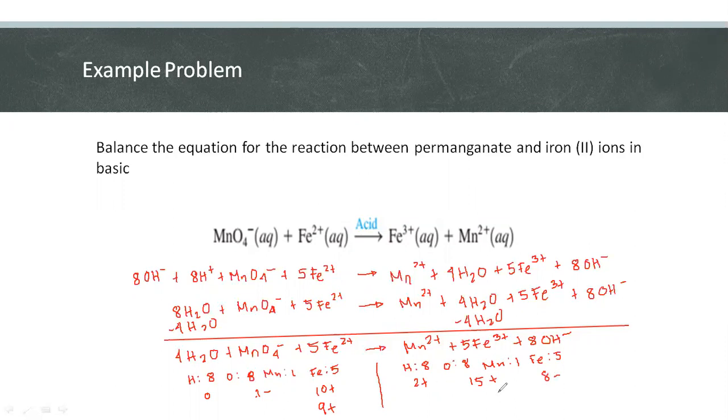So 2 plus 15 is 17, minus 8, we have 9 plus charge. Therefore, this is our final balanced redox reaction in basic solution.